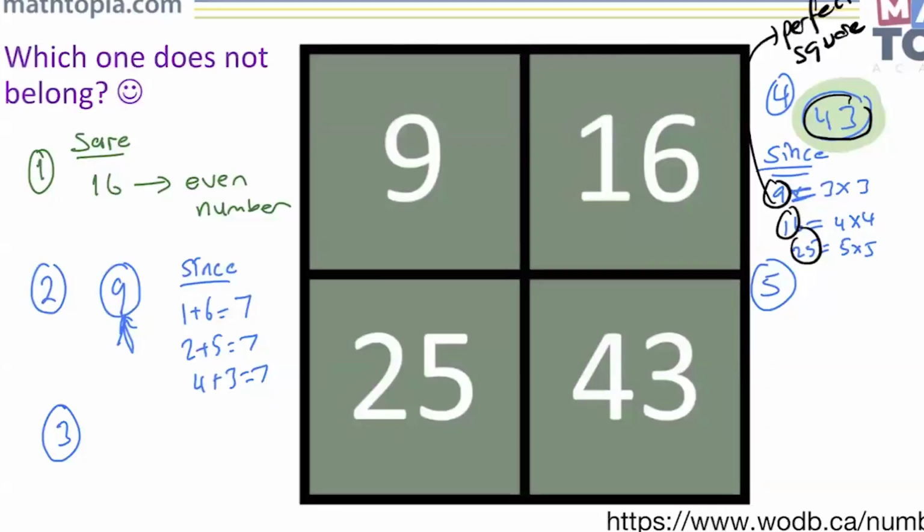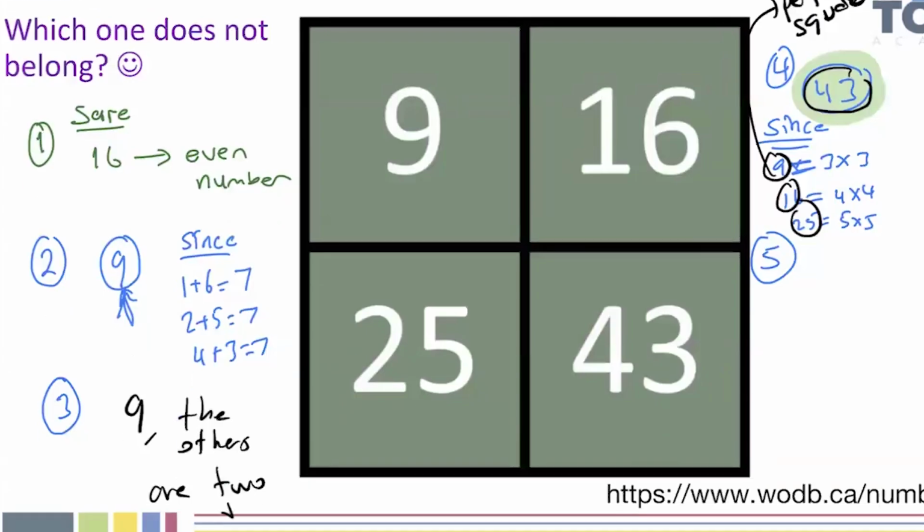Okay, great. What else? We got 3 or 4 solutions. Okay, 9 doesn't belong, since the others are 2-digit numbers, right? Yeah. So the others are 2-digit numbers, but 9 is only one digit, right?